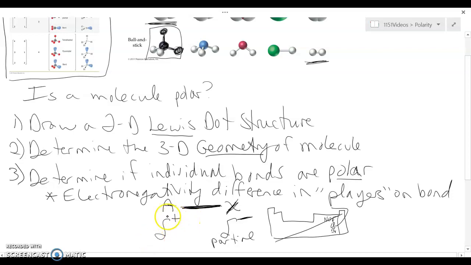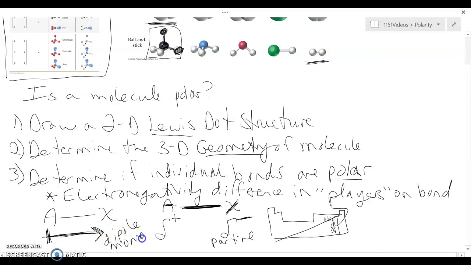Now nobody wants to draw all this artwork below their bond, so they would just draw an arrow from A to X, and they would say this is the general positive region of the bond, and it points toward the general negative region of the bond. So if you have a completed structure, you would look at each individual bond in this step 3 here, and you would write this arrow that is called a dipole moment.